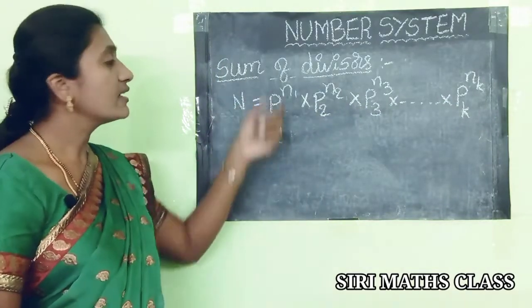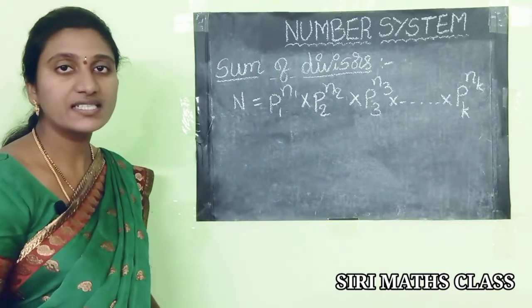Now we can find out the sum of the divisors. What is the condition?